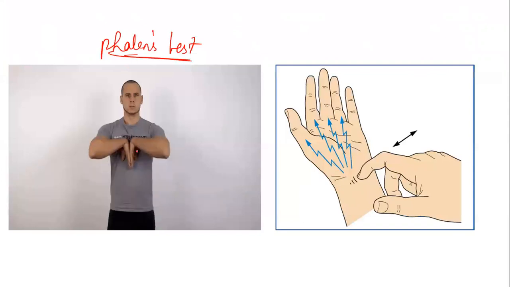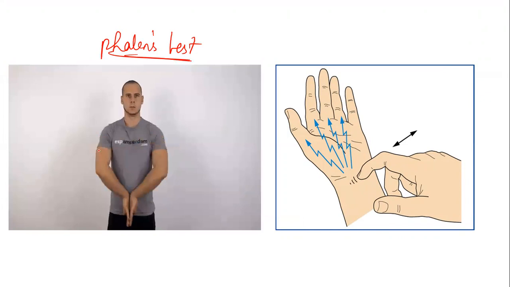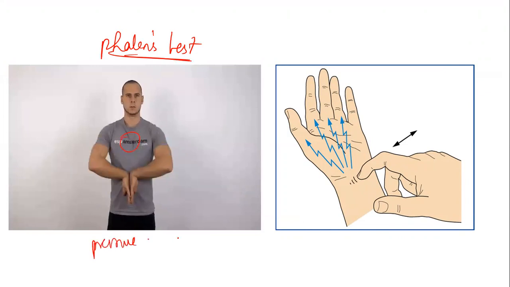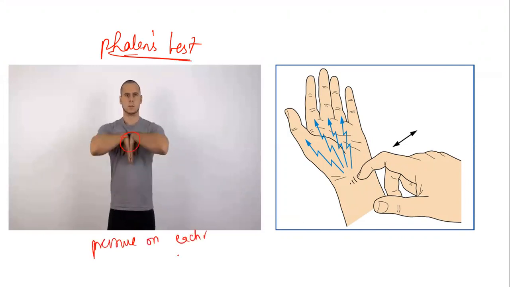So what he's trying to do is, he's resting his elbow, right? So there is flexion of his elbow along with flexion of his wrist, right? Now, how he flexes the wrist, just observe, he's trying to put the pressure. So there is pressure on each of the wrists, right? There is pressure on the carpal tunnel.